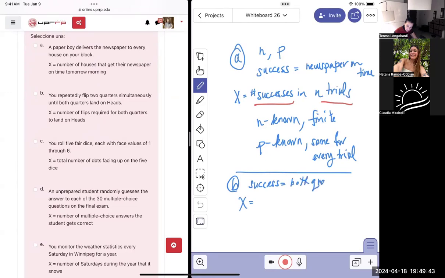Both quarters are heads. Do I know N? Do I know P?